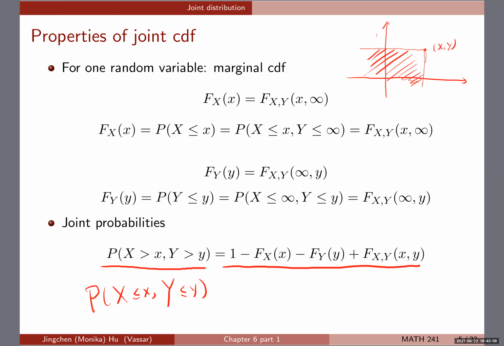Now let me look at what I'm trying to do. I'm going to use a different coloring here. If I want this joint probability and try to do it on the graph, I have to have X greater than small x and Y greater than small y. So essentially, we're looking for this part.